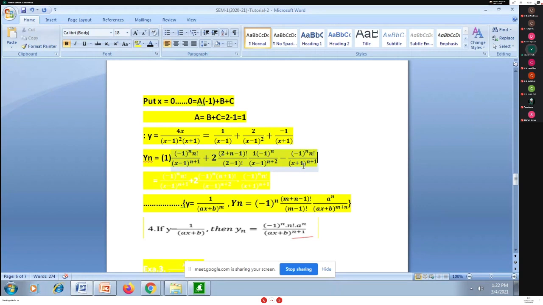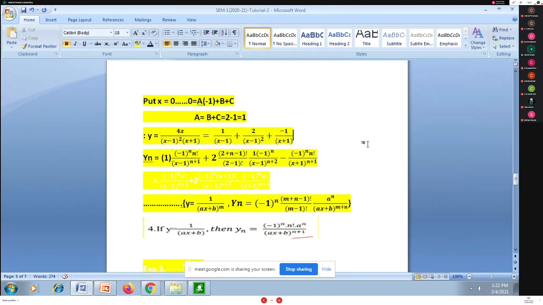For third term, I am writing coefficient as minus 1, minus 1 raised to n factorial. Again here I am having a is equal to 1 and b is equal to 1. So numerator I am having 1 raised to n and denominator (x plus 1) raised to n plus 1. So I am applying the 1 upon x plus b formula for first and third term.